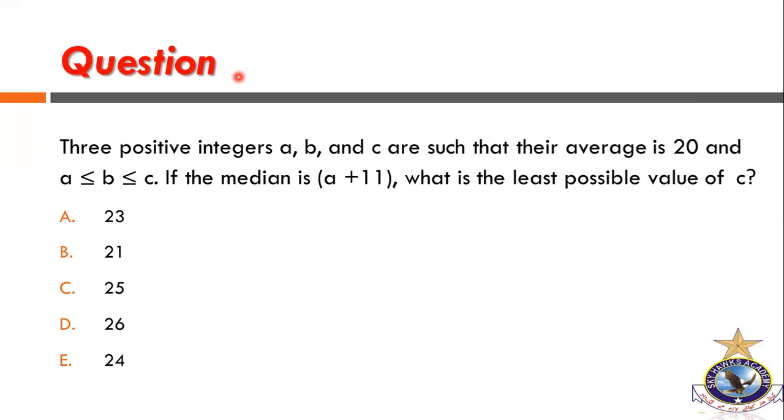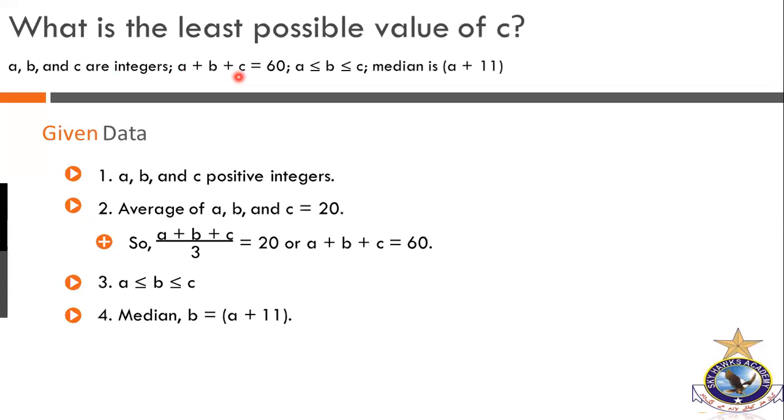ABC are only three numbers, so A plus B plus C, that is the sum, will become 60. Am I right? Are you getting me? Okay, so that's why we are using 60 over here.